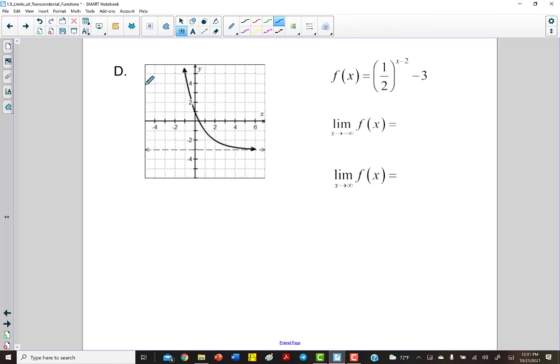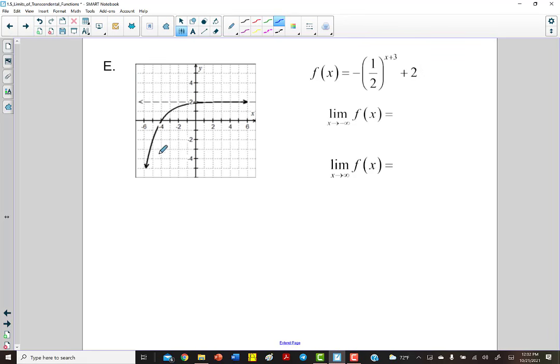In part D, we have 1/2 for the base, and this would be a decreasing function, and that's what we see in our graph here. So in that decreasing function, as I move to negative infinity, we're unbounded upward, and then moving to positive infinity, we're bounded by the horizontal asymptote, which is at -3.